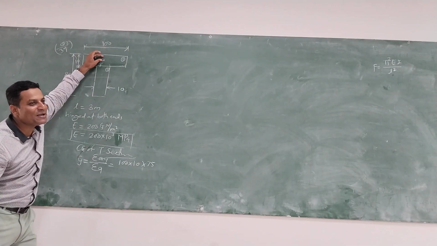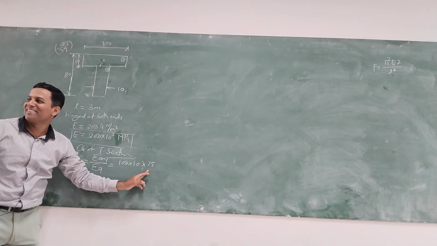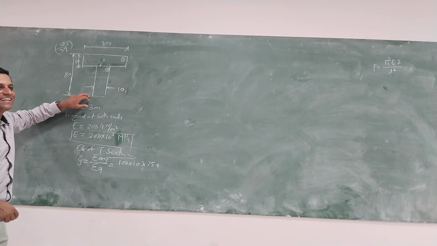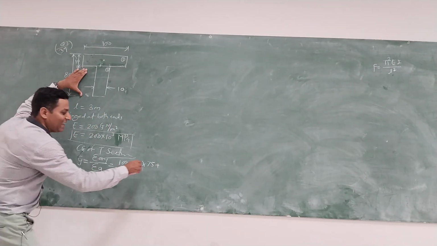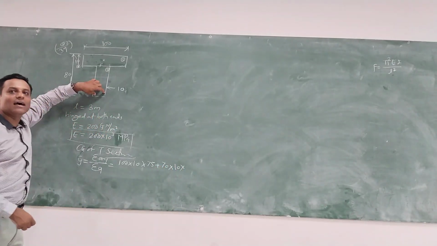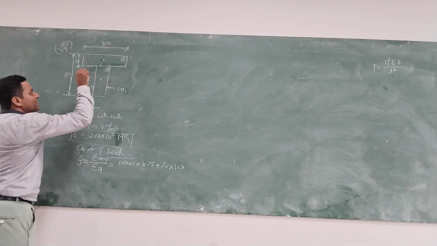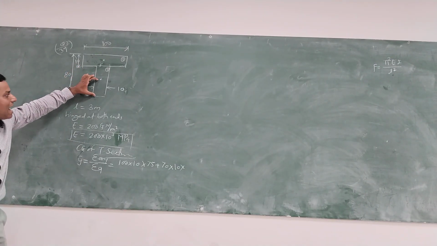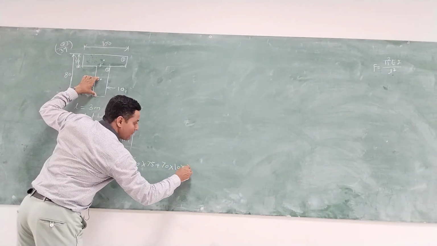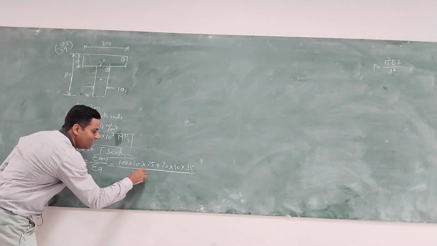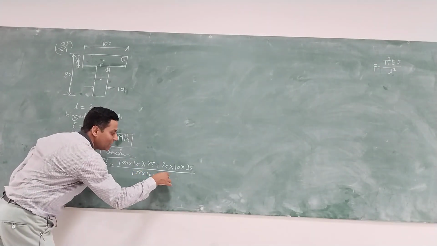Okay, now second, plus, for second section height is 70, 70 into width 10. This is the area. Now CG of this section from bottom, 70 half, 35, divided by summation of area, 100 into 10 plus 70 into 10.